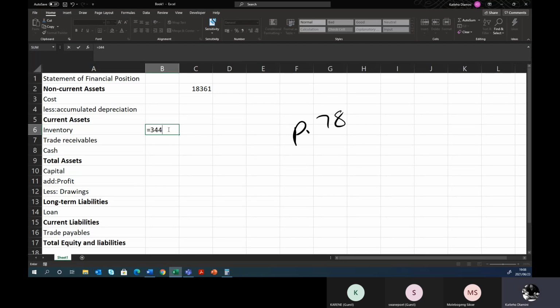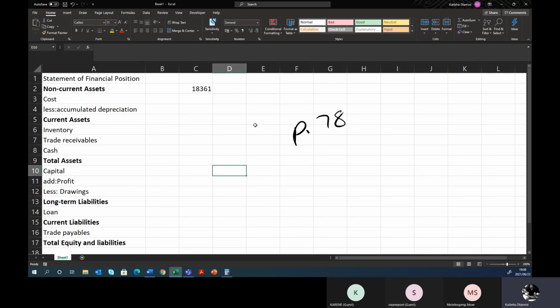Yeah, 34,401 rand, right? I see I have purchases of 281, and let me see. It does say my closing inventory is 35,000 down there. So, okay, I'm lying to you. My inventory, okay. That's the difference.